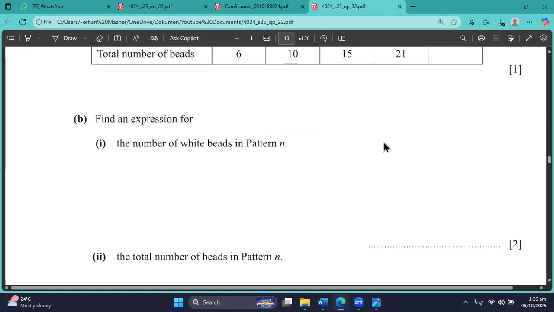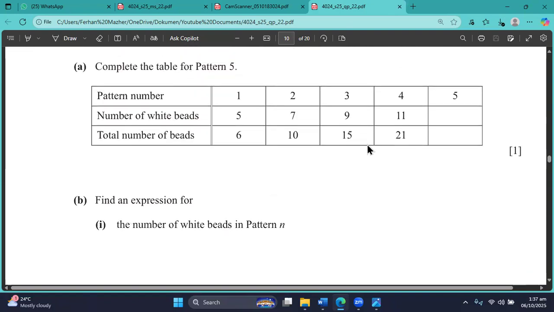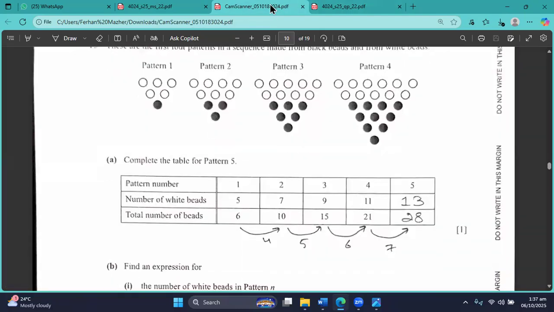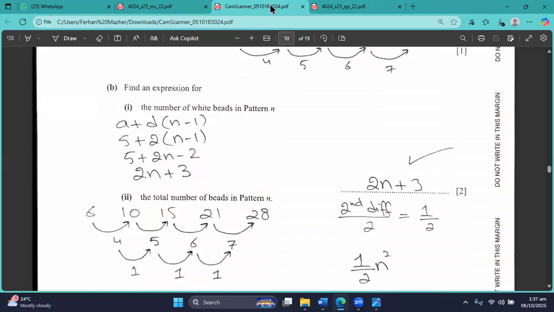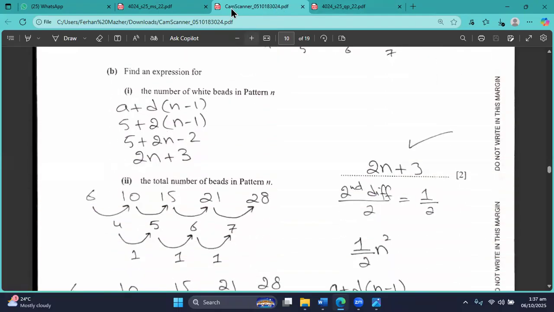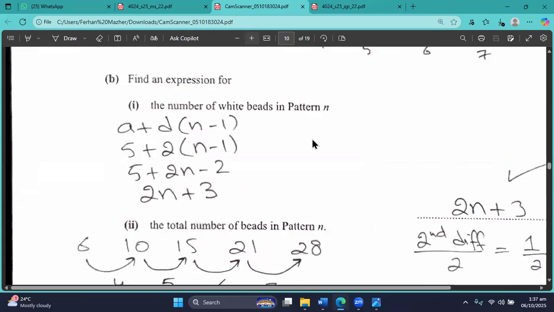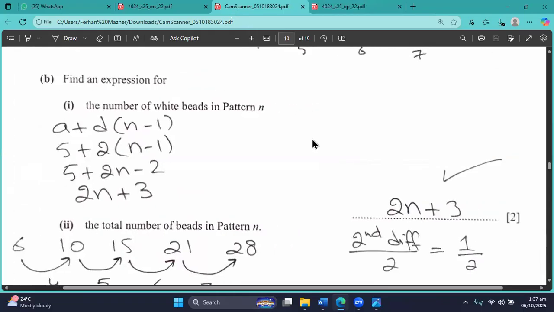Then question number 15, B part. Find an expression for the number of the white beads in the pattern N. Here you get the next term by adding 2, so this is an arithmetic progression. In an arithmetic sequence, the nth term formula is a plus d bracket n minus 1 bracket close, where a means the first term of the sequence.